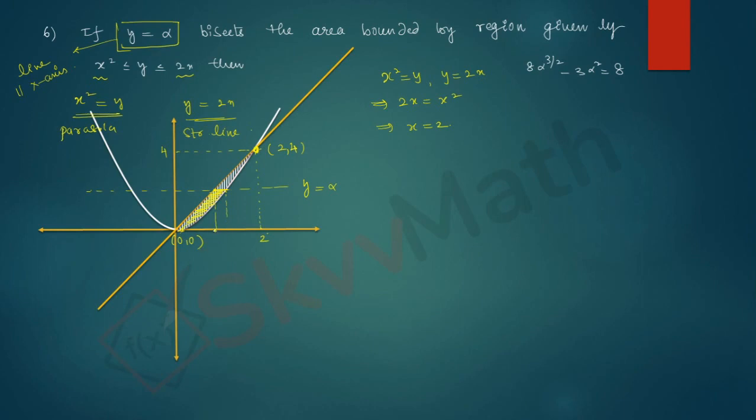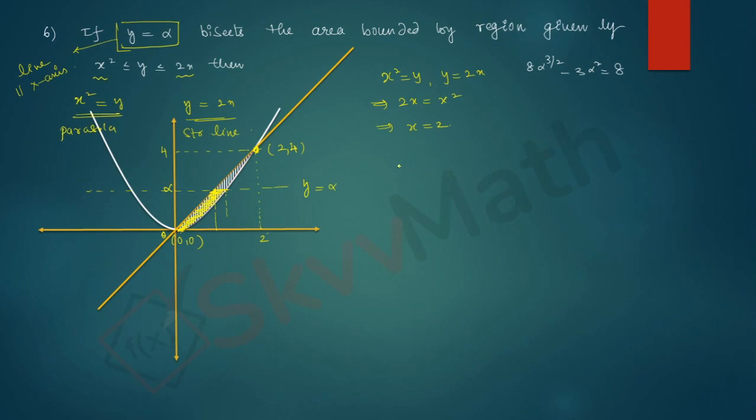Instead of that, if you use y values, you write the integration from 0 to alpha of right curve minus left curve. Whenever you use y coordinates in finding areas, you should write the function in terms of y. So I am going to do that here. So the total area is how much?